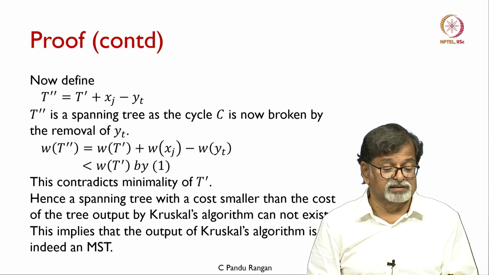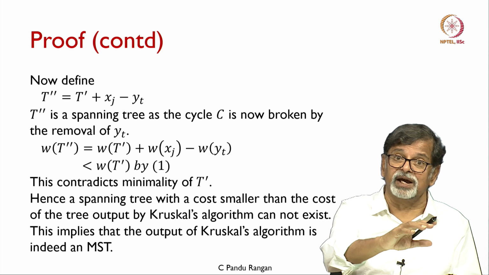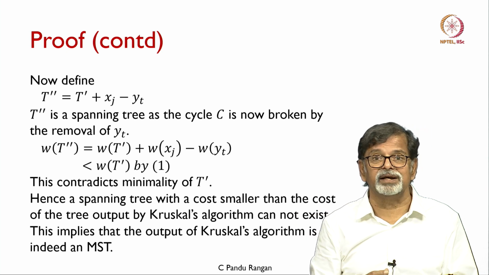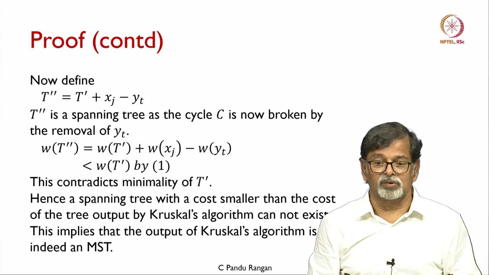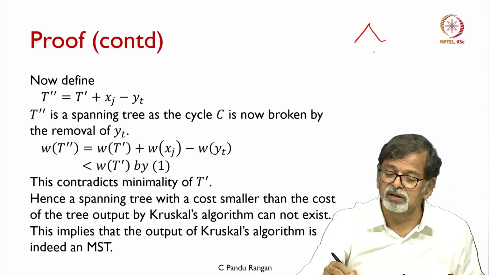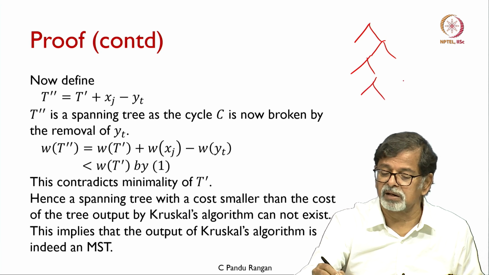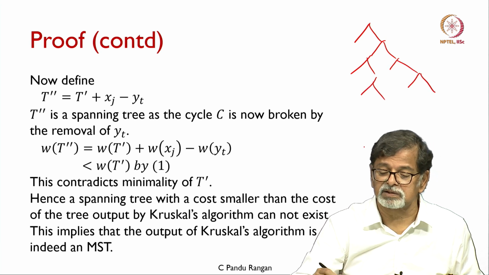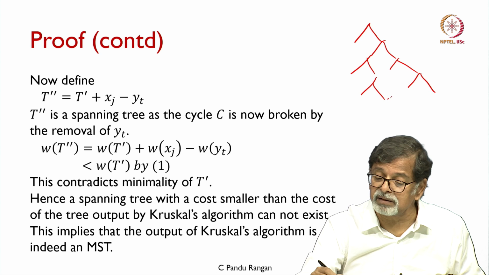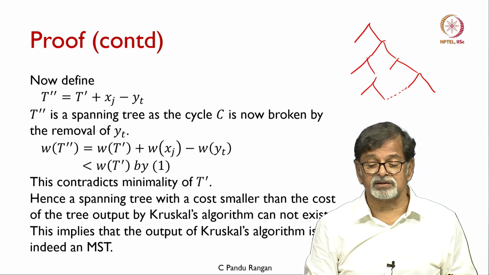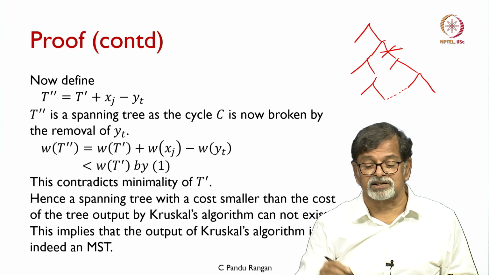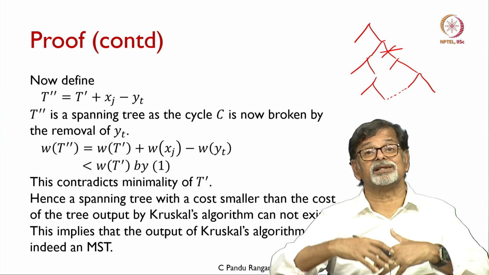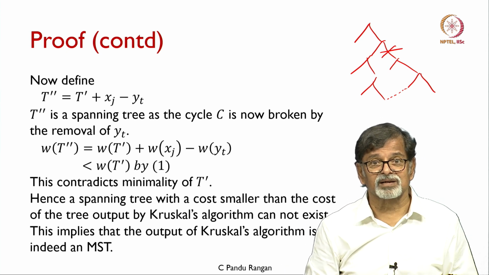Now consider including xj and removing yt. This is going to be another spanning tree. Again recall the way in which we have, suppose you have a spanning tree and you add a non-tree edge, it forms a cycle, you remove one of the edges in that cycle, you get another spanning tree, okay.